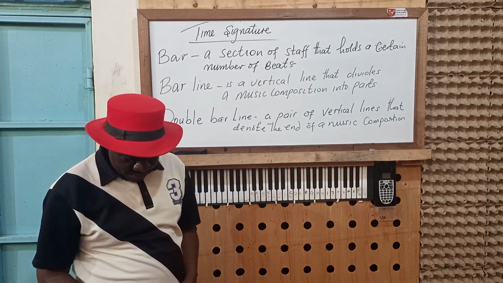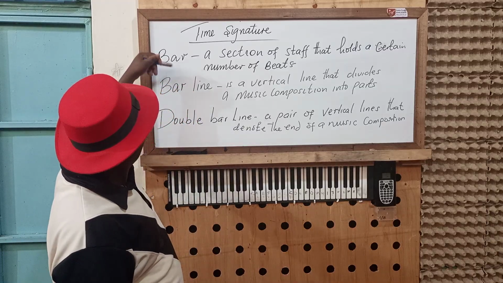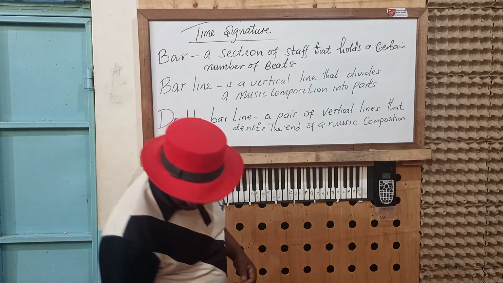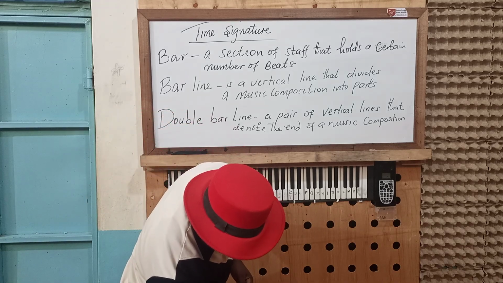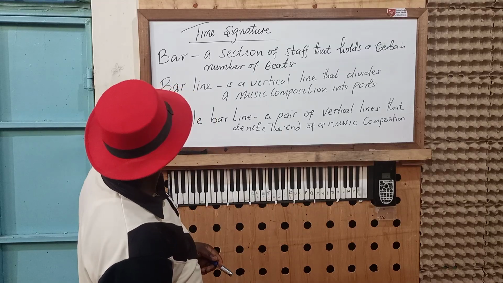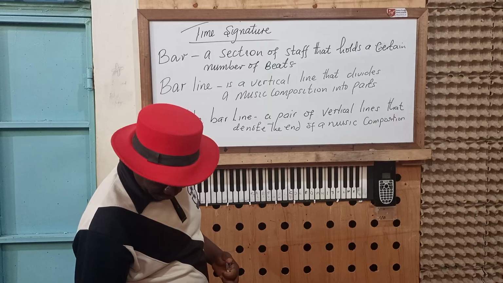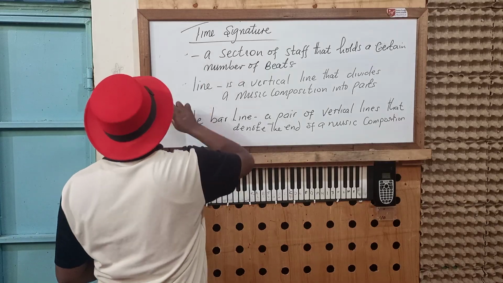Now, so we have a bar, we have a bar line, we have a double bar line. I just want to summarize that into a diagram like this.